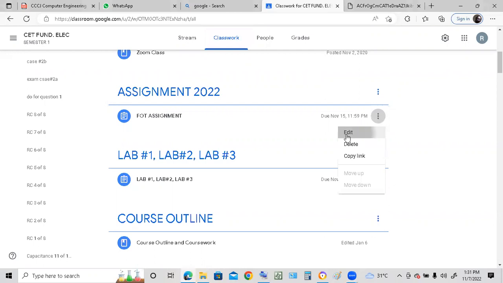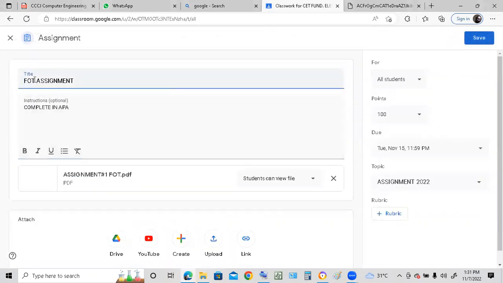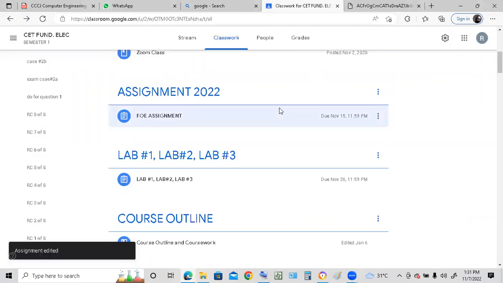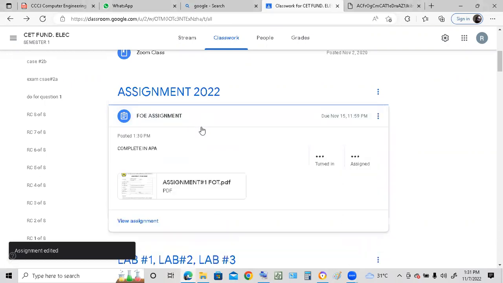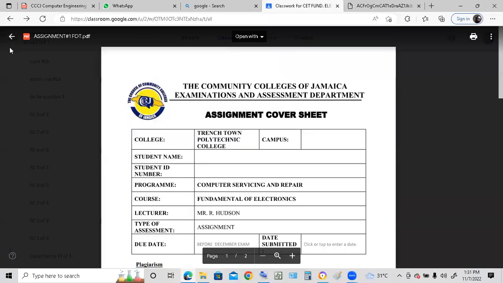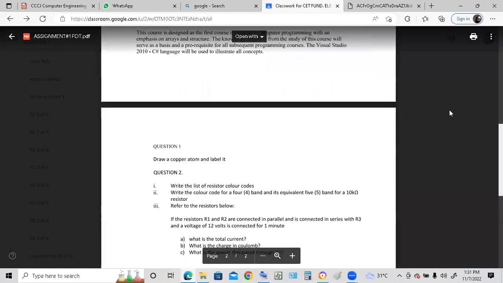This one is not FOT, this one is FOE, Fundamental of Electronics. All right. So this one is Assignment 2022, Fundamental of Electronics. So we click on it, and we see the assignment. All right. So this is the assignment right here.